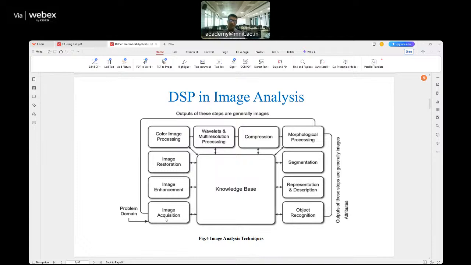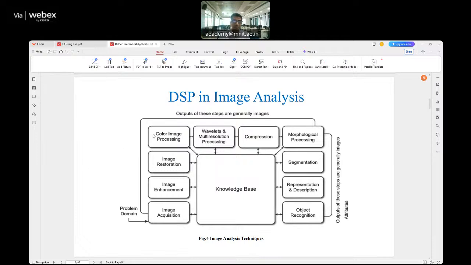Then it may lead to image enhancement, or image restoration. For example, you get some satellite image and you want to restore it. Then color image processing, wavelets and multi-resolution processing, compression, morphological processing, segmentation, representation and description. And then it is object recognition.